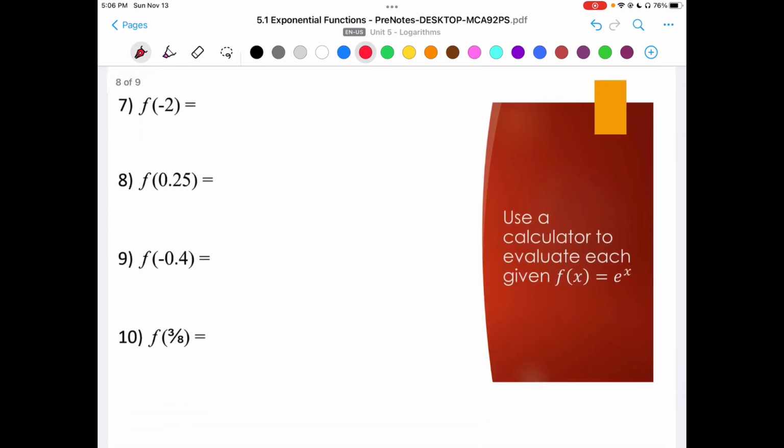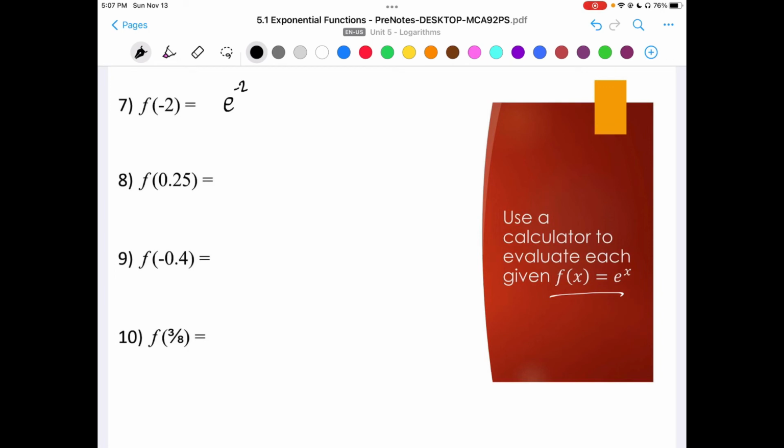So this last slide right here, well, second to last, I guess, is just using a calculator to evaluate f of x equals e to the x. Okay. And so we have the first one, f of -2. So what that looks like is e to the -2.